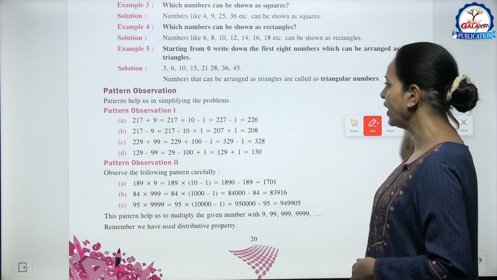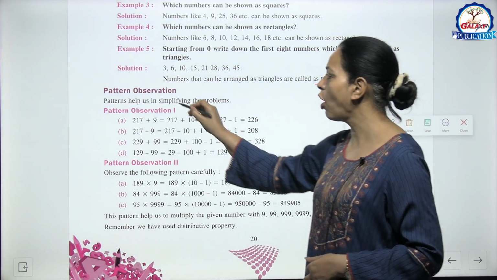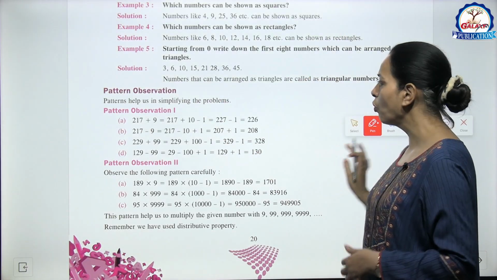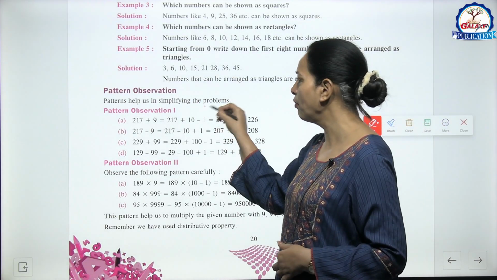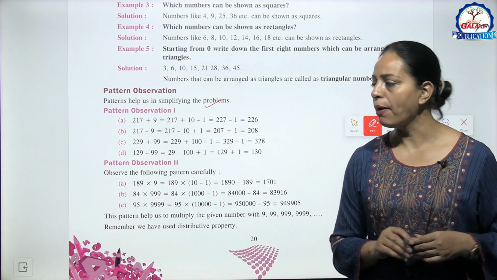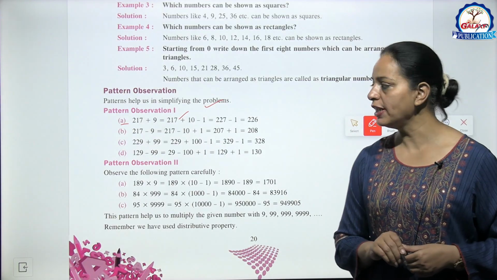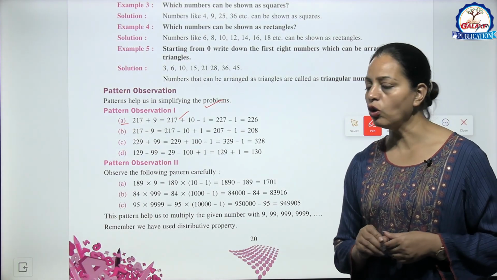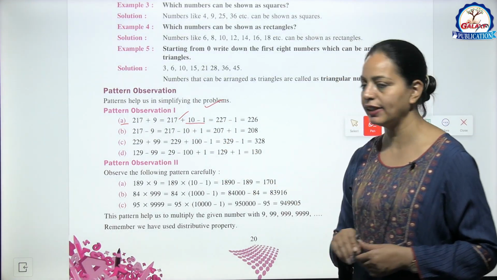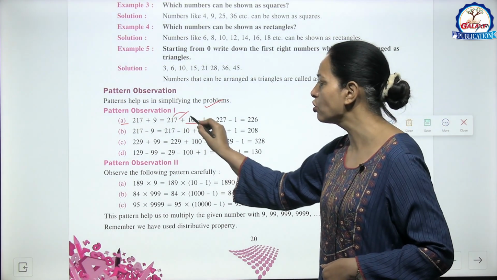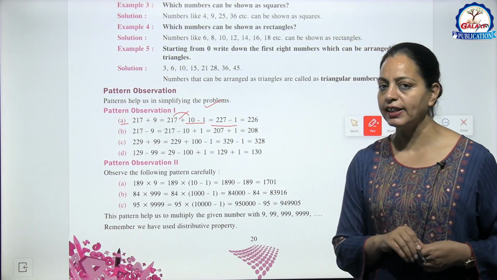Fine. Now the next is pattern observation. So pattern helps us in simplifying the problems. See pattern observation 1, A part, 217 plus 9. 9 को हम चेंज कर सकते हैं 10 minus 1. Now we can add these two, 227 minus 1.